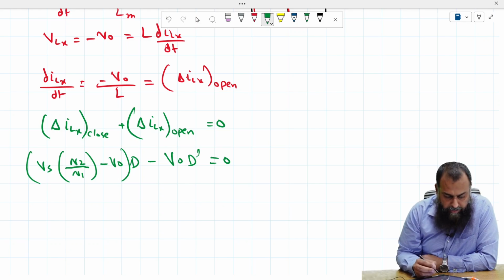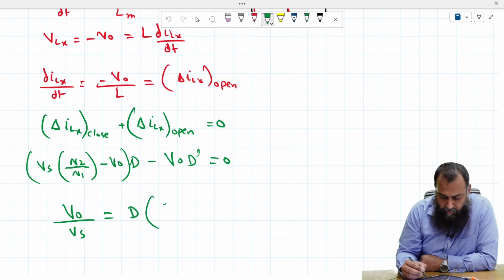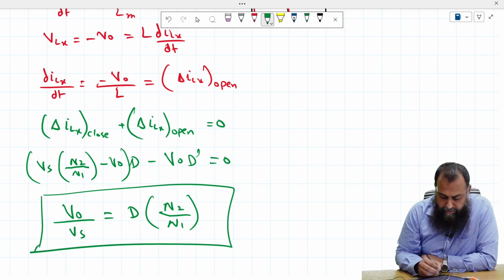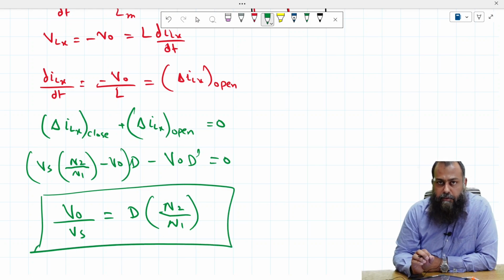If I solve this, I will get V naught over Vs equal to D into N2 over N1. And this is the same expression as that of a single-ended forward converter.